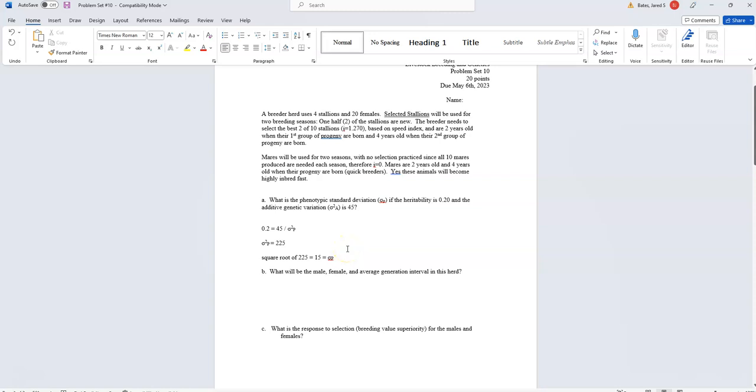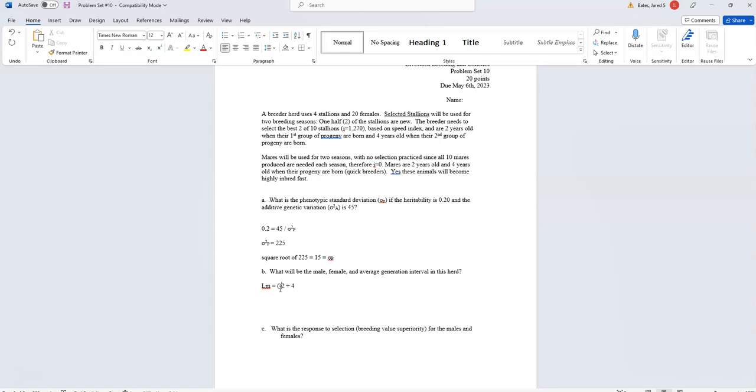Next question. What will be the male, female, and average generation interval in this herd? So I'm going to find it for the males and for the females. My LM is going to be equal to 2 because they're 2 years old when their first progeny are born, and then subsequently 4 years old when their second progeny are born.